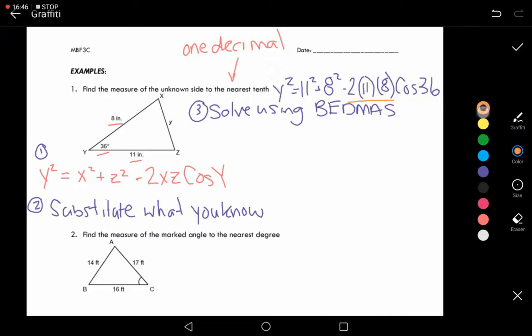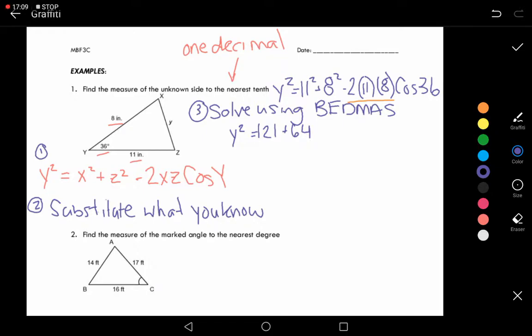And you don't have to do this all in separate steps. I'm not going to do it in all separate steps just because of space here. So we have y squared. Obviously, we can't simplify that, right? You type in your calculator, 11 to the power of 2 is 121. 8 to the power of 2 is 64. Okay.